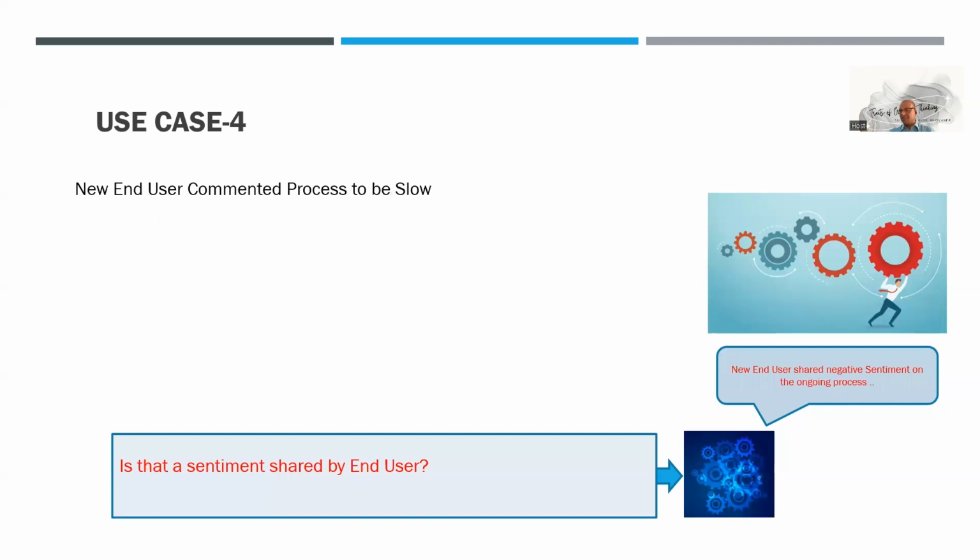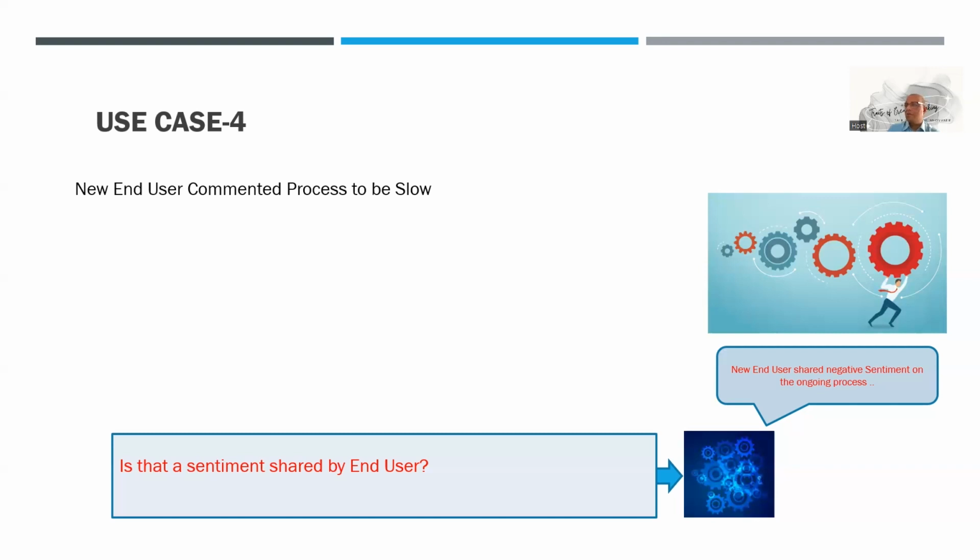This is the last use case we are taking. As an example, a new subscriber shared his sentiment, saying the software is slow. But this kind of complaint had never been received by customer care or by the company, saying the software is slow.